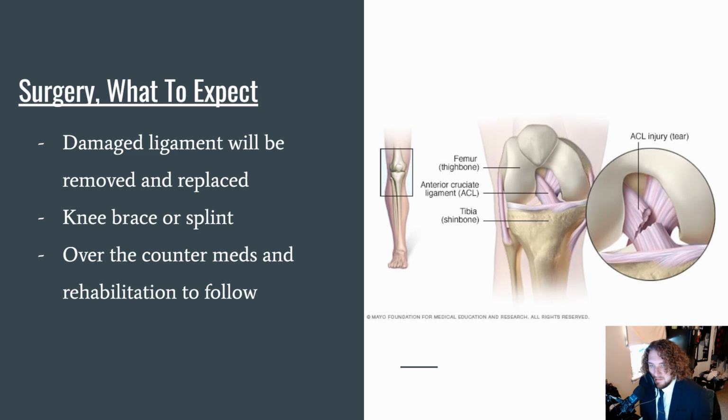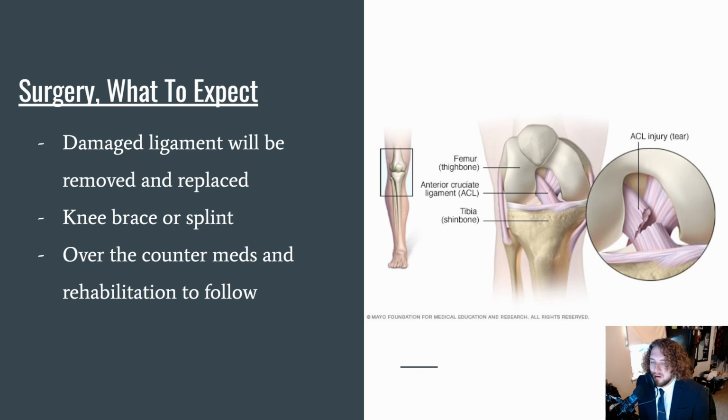After you get a graft, this will follow with a knee brace or splint, probably accompanied by some crutches, and they will recommend that you start moving as quickly as possible to avoid the buildup of scar tissue and to establish that range of motion and neuromuscular control throughout the knee joint.